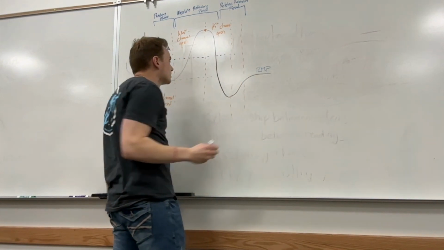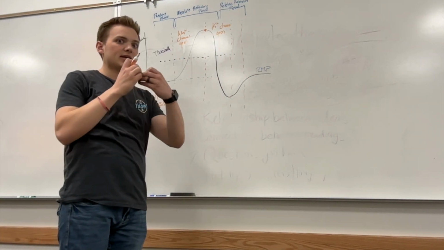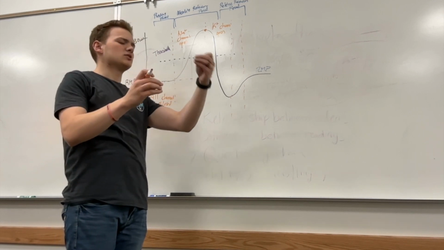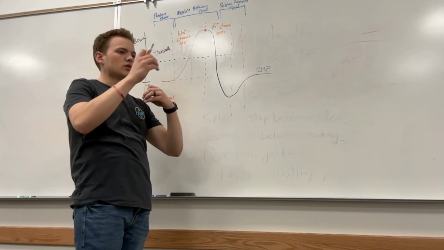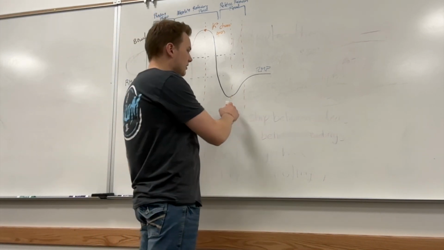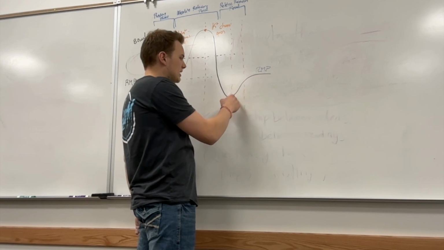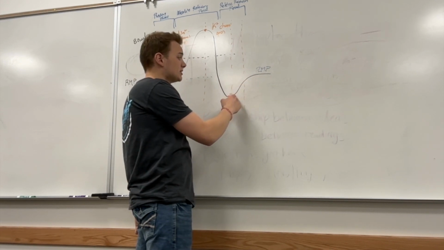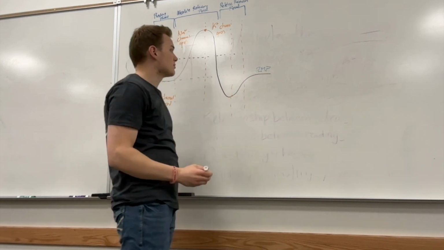That's allowing potassium to flow out of the cell. Sodium flowed in, potassium flowing out. And then that'll be reestablished later on via our ATPases and our potassium leak channels till we get back to resting membrane potential.